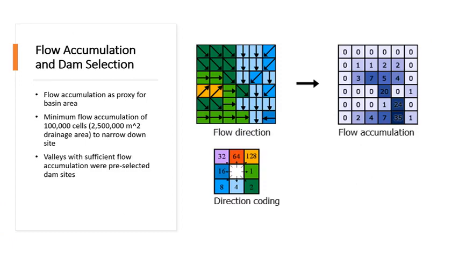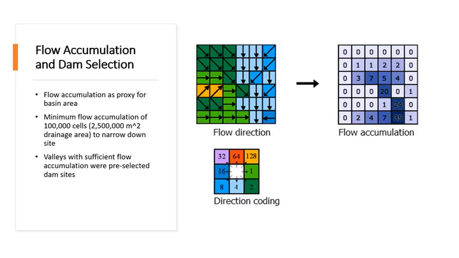The second criteria that they applied is the flow accumulation. Flow accumulation is more or less the proxy for the base watershed area of your potential dam site. They set the minimum flow accumulation as 100,000 cells.